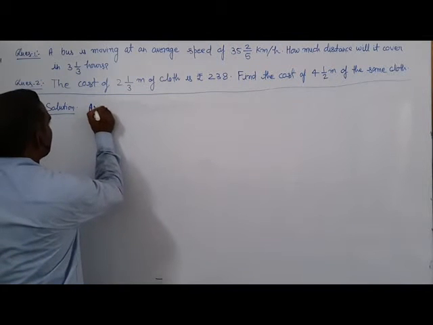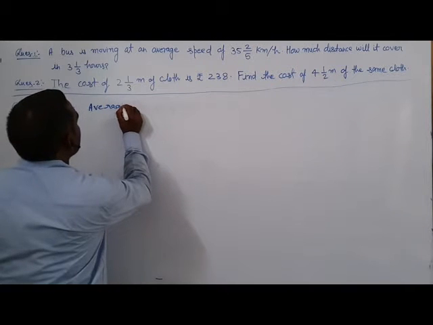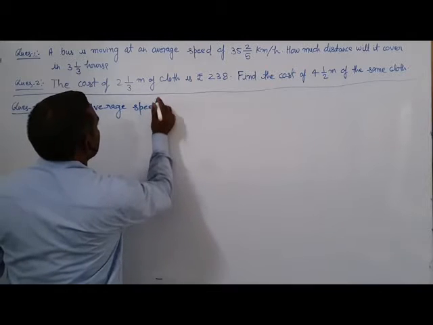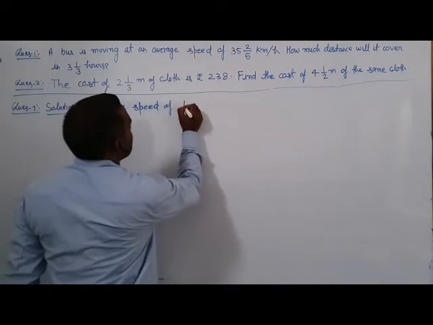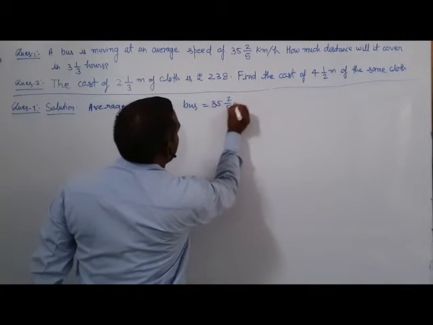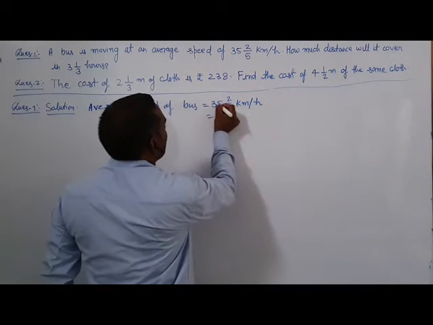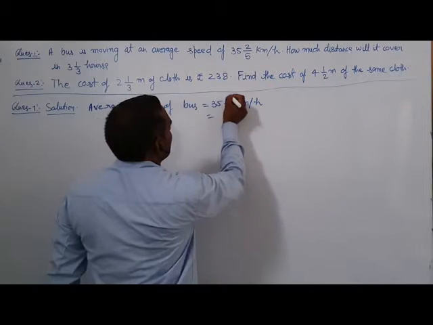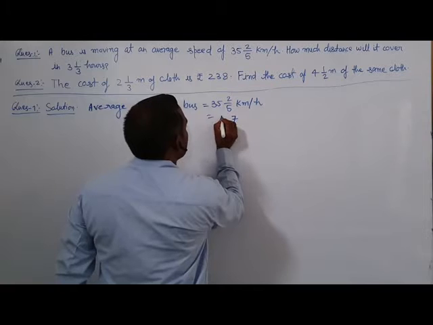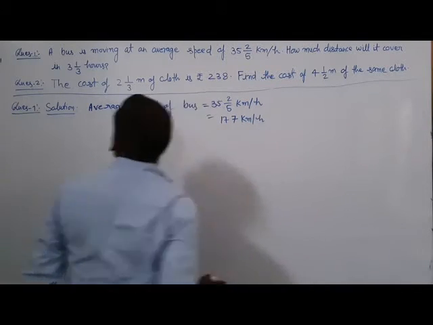Average speed of bus. What is speed? 35 2/5 kilometer per hour, which is equal to 177/5 kilometer per hour.